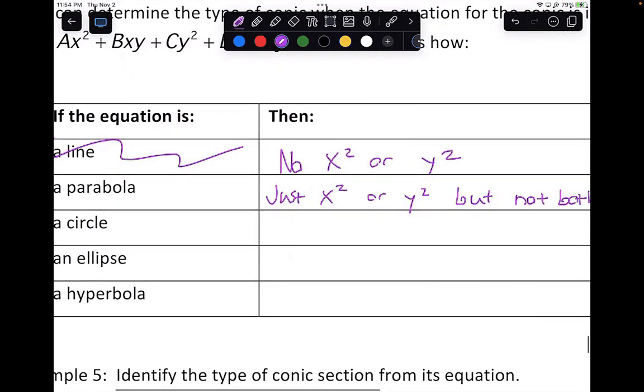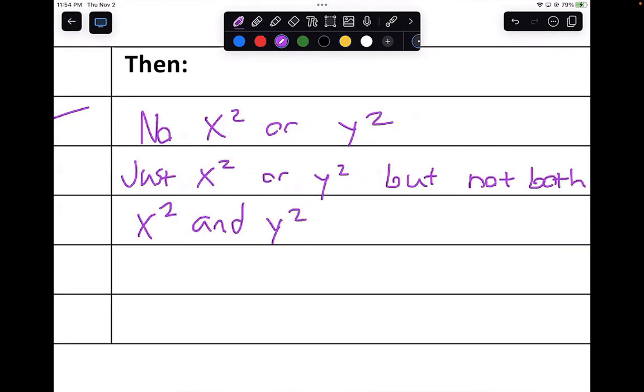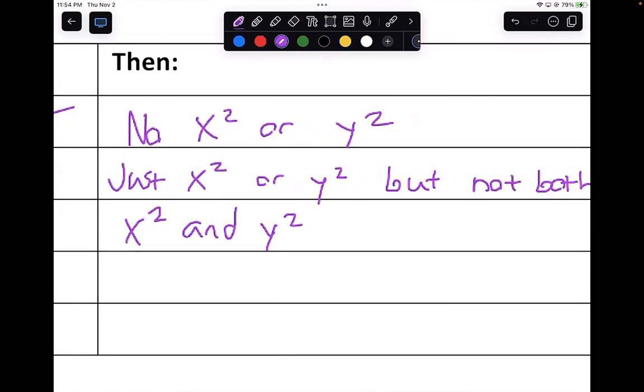Okay, for a circle, you're going to have x squared and y squared. Really, for all of these down below, they're all going to have x squared and y squared. The big thing you need with the circle is you also need the same coefficient out in front of x squared and y squared. I'll point that out on the examples below.